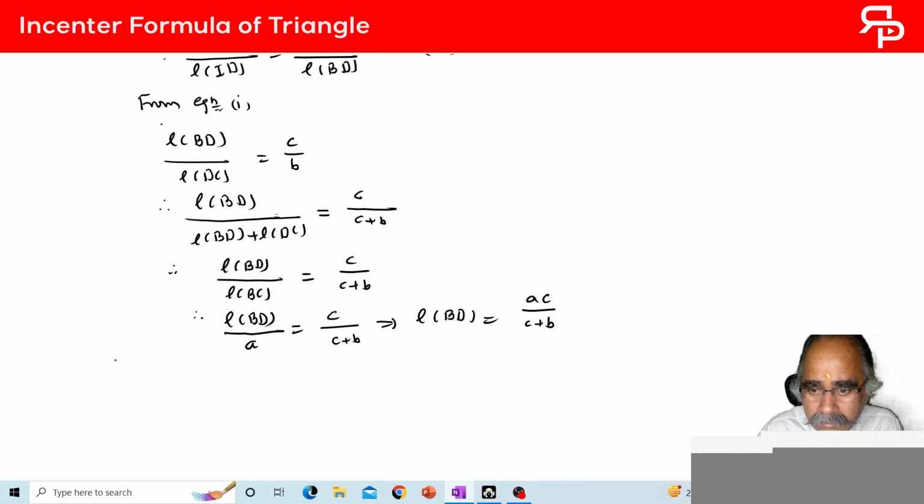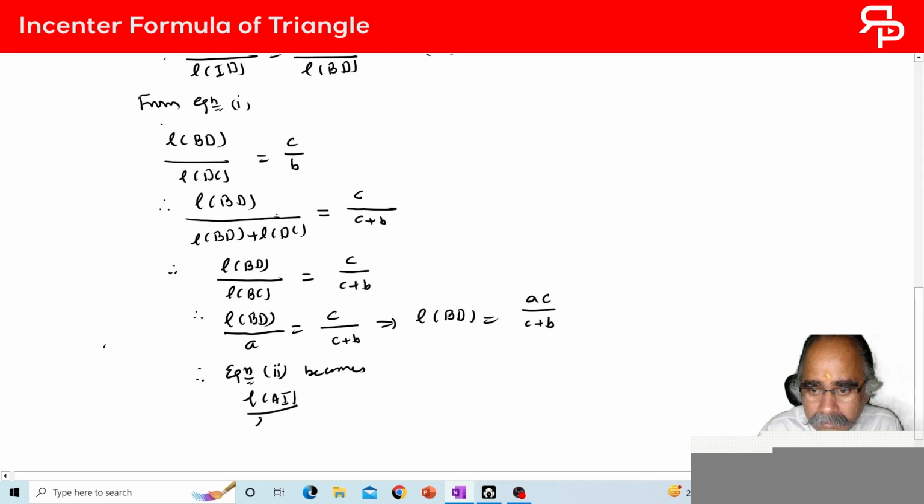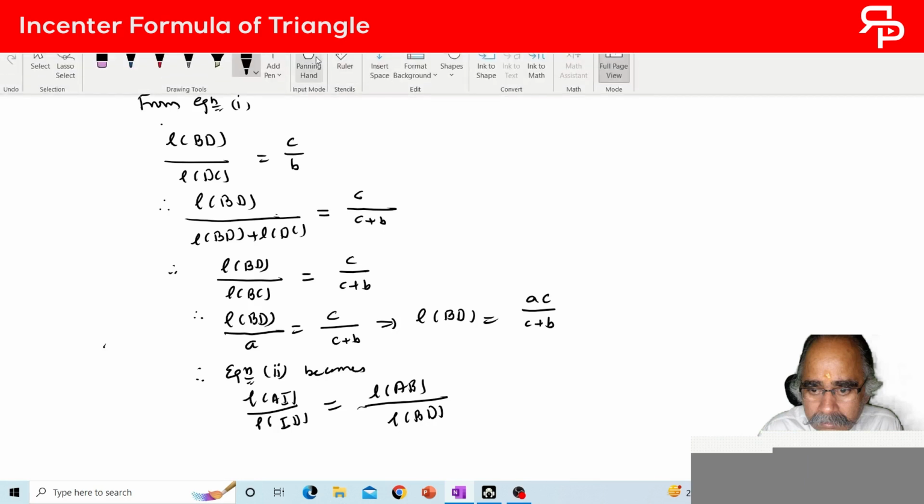Therefore equation 2 becomes, you can see above I have written equation 2, length AI upon length ID is equal to AB upon length BD.